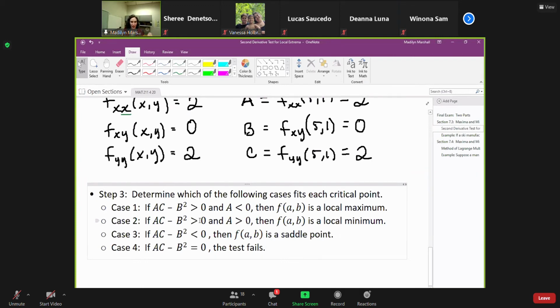So in this class, we just kind of have to accept that these cases will tell us what's going on at that point. We'll notice that in case 4, the test fails. We won't encounter that in this class, so we don't need to worry about that. It's not that common, so we will always have a case 1, 2, or 3.